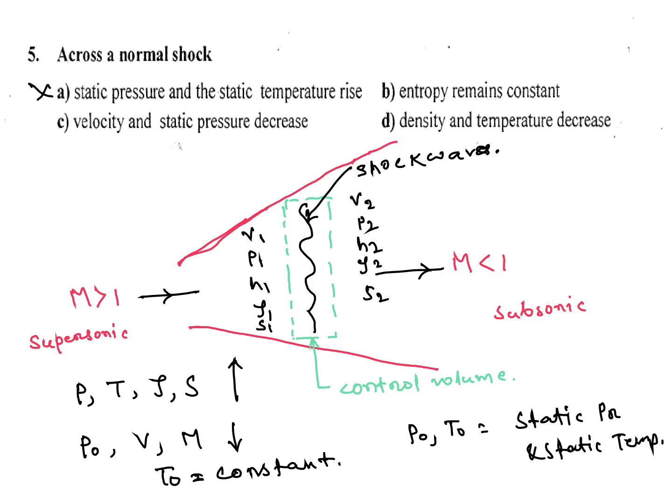B, entropy remains constant, but entropy increases, so B is also not possible. Velocity and stagnation pressure decrease, so C is our answer. Density and temperature decrease, but density and temperature both increase, so D also is not possible. C is our answer. This is very, very important for IAS examination.